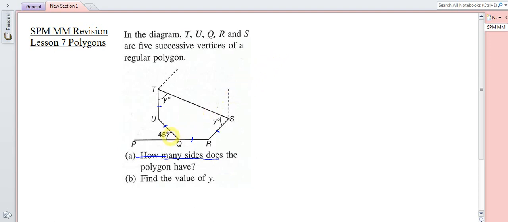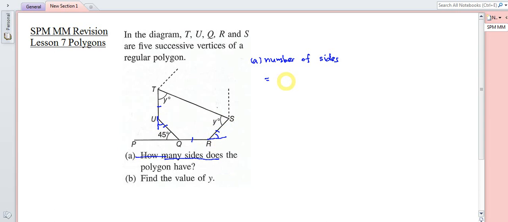We find the axial angle, because the axial angles for any polygon will always add up to 360, right? So number of sides: since this is a regular polygon, every axial angle will be the same.